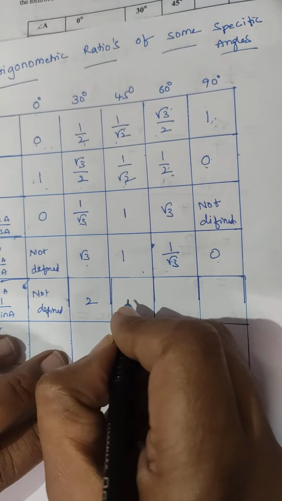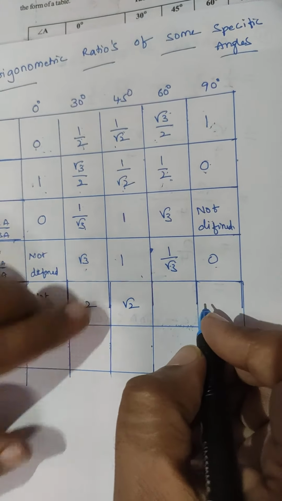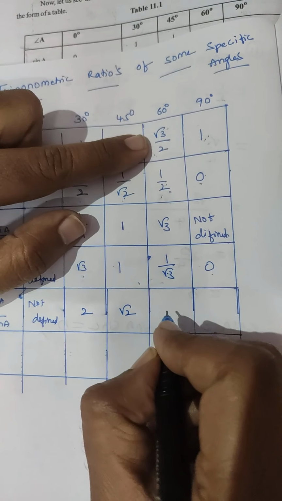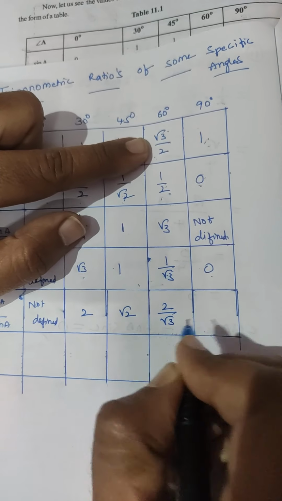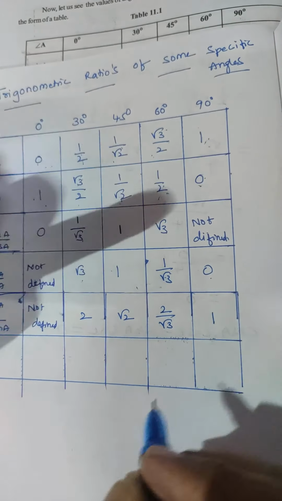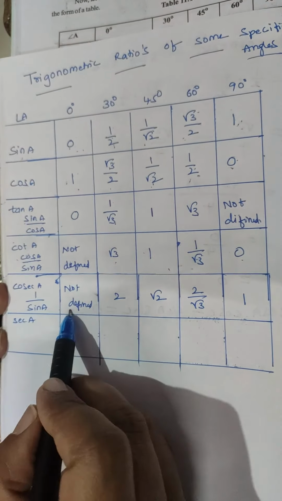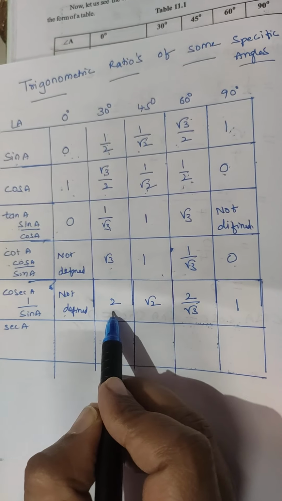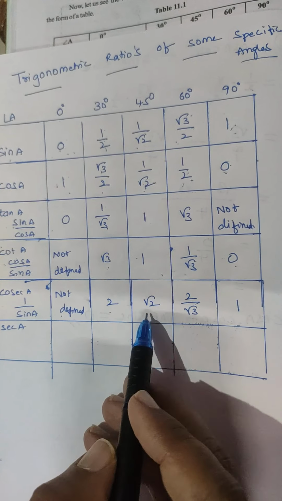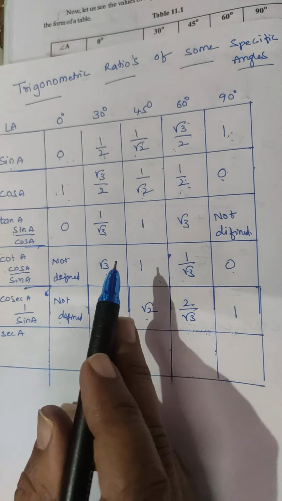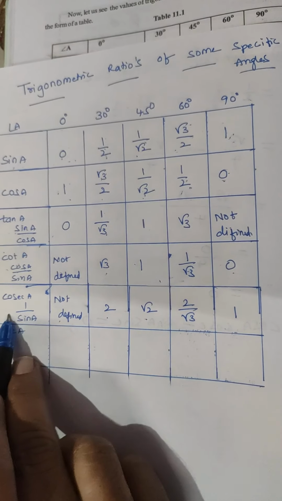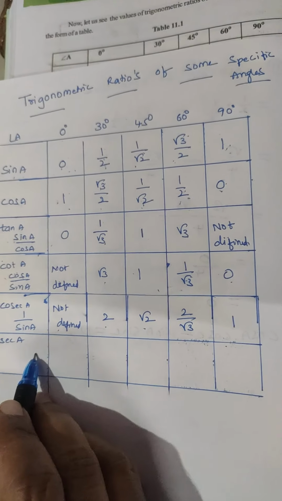Reciprocal of 1 by root 2 is root 2. Reciprocal of root 3 by 2 is 2 divided by root 3. Reciprocal of 1 is 1. So cosec 0 is not defined. Cosec 30 is 2. Cosec 45 is root 2. Cosec 60 is 2 by root 3. Cosec 90 is 1.